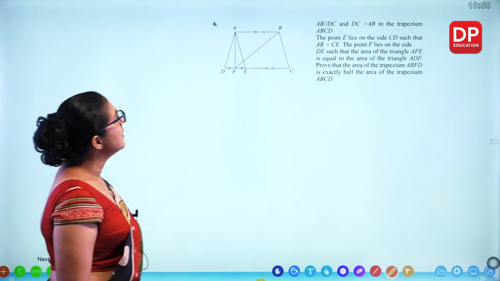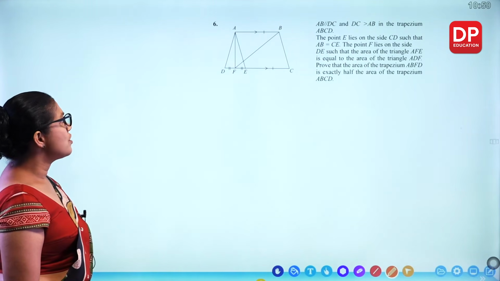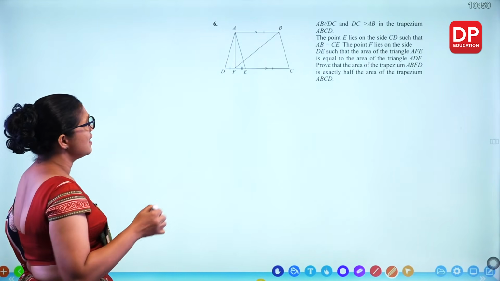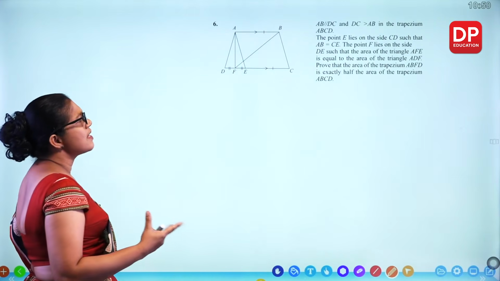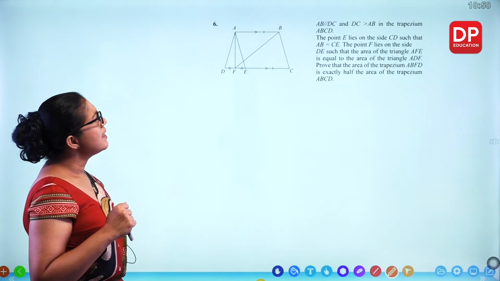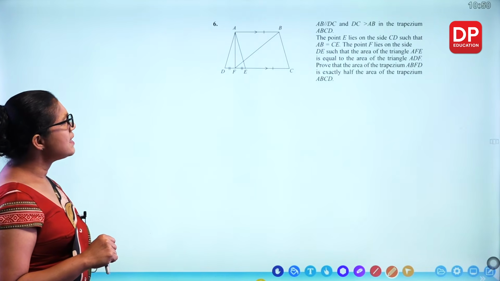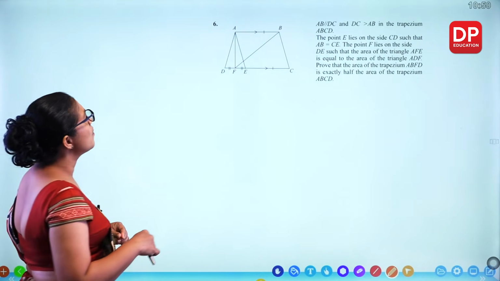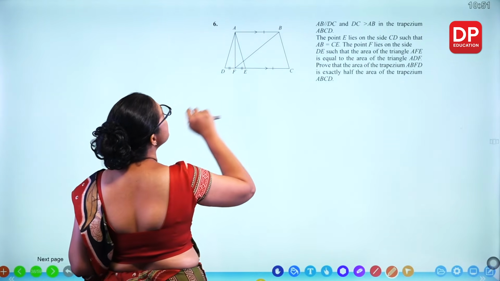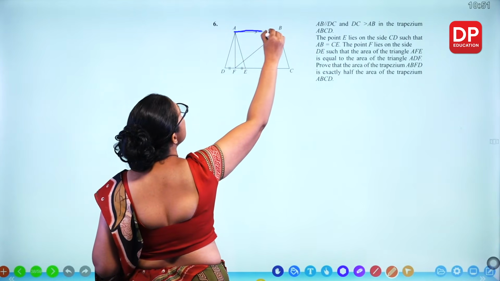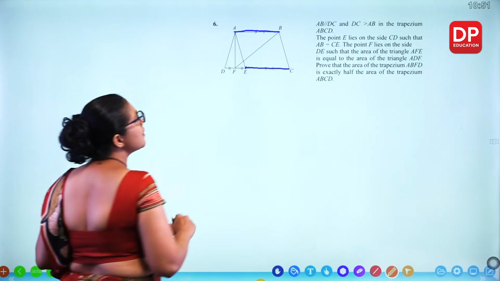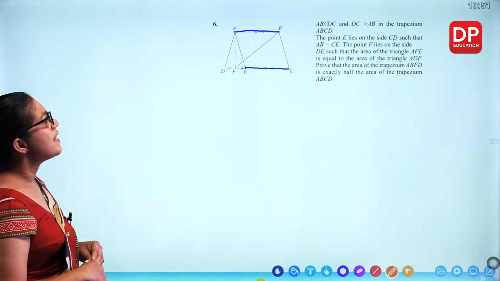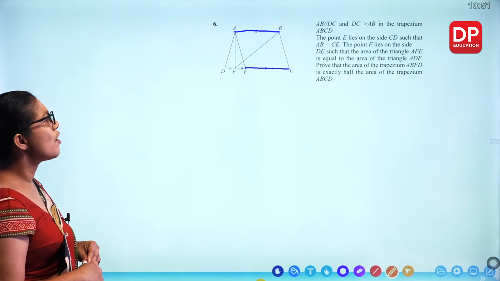Question number 6. It's given AB parallel to DC. Already marked there. And DC is greater than AB, the length is bigger than that. And it's a trapezium. The point E lies on the side CD such that AB and CE are equal. This length is equal to this length. It's already given. And it says DE such that the area of triangle AFE is equal to area of triangle ADF.